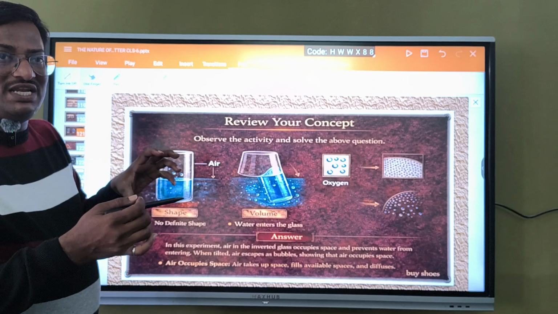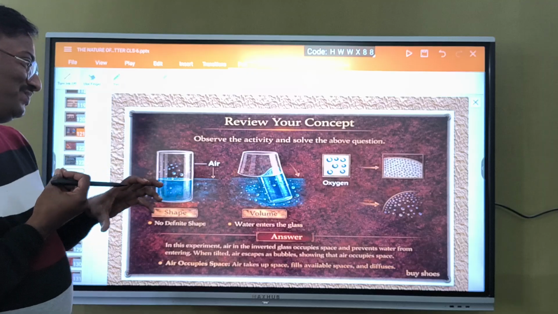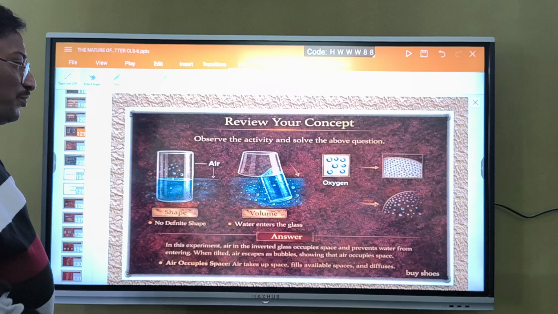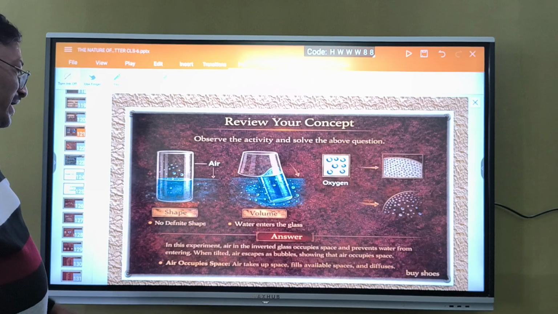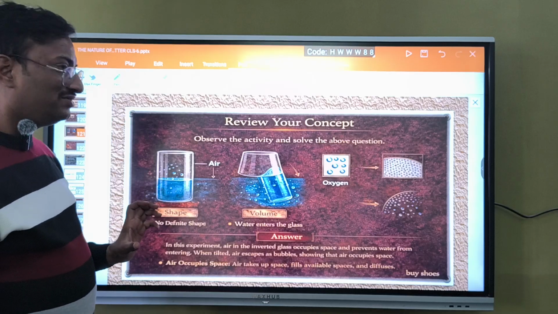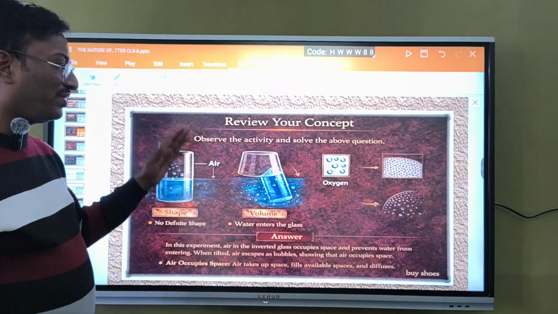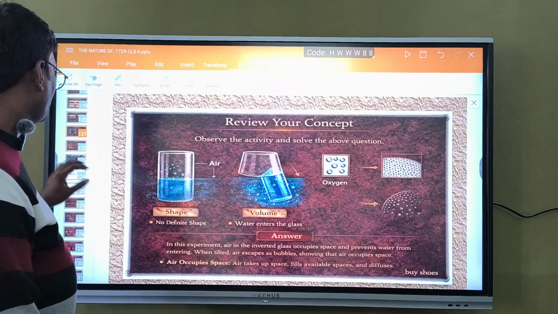When the air comes out into the liquid, we get bubbles. At that time the liquid will flow. So the air in the inverted glass occupies space and prevents water from entering. When tilted, the air escapes as bubbles, showing that air occupies space.